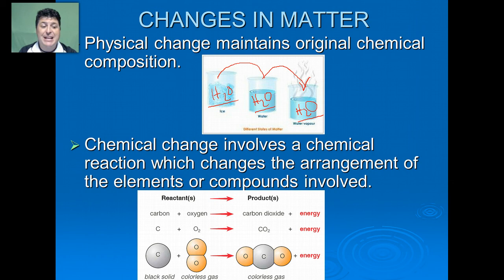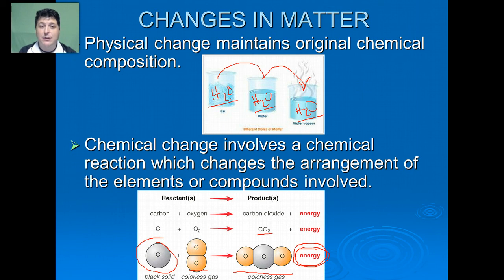For example, if we take coal, which is pretty much solid carbon, and burn it in the presence of oxygen, we're going to produce carbon dioxide and release energy as a byproduct. In this case, our elements are going to be rearranged to form this new compound, carbon dioxide, that wasn't present before.